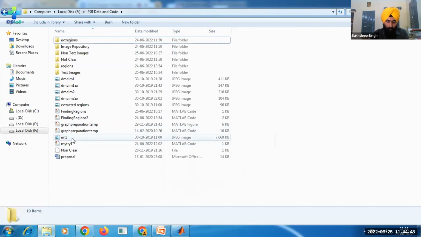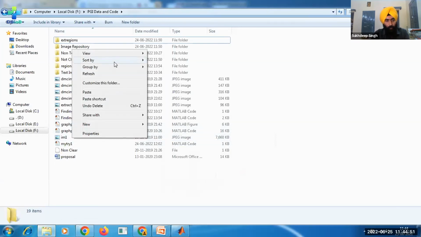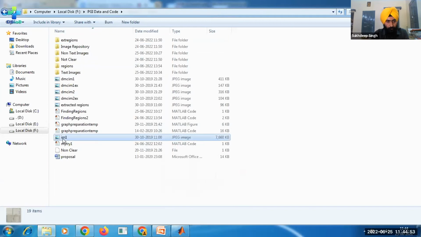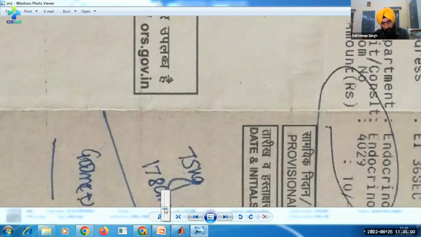So here I have scanned one OPD card of PGI. You can see that in this OPD card there are various things present, like these circles, OCR text, handwritten text, and one diagram over type is present. So the first task is data collection.